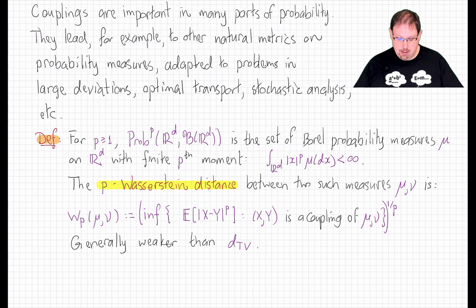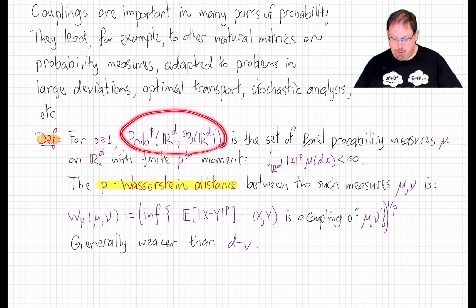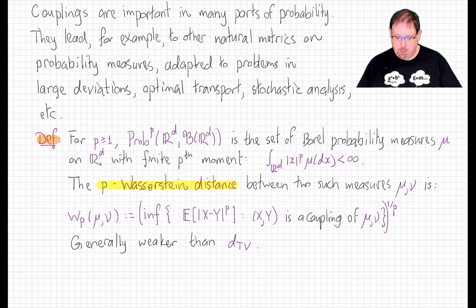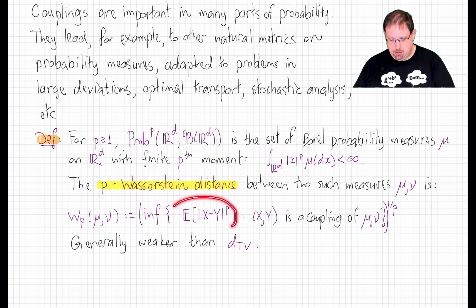On that space of probability measures, we can define a distance function called the p-Wasserstein distance between two such measures as follows. We take any coupling of those two probability measures, so we construct a pair of random variables having those as their marginal distributions, and we take the L^p distance between those two to the pth power.